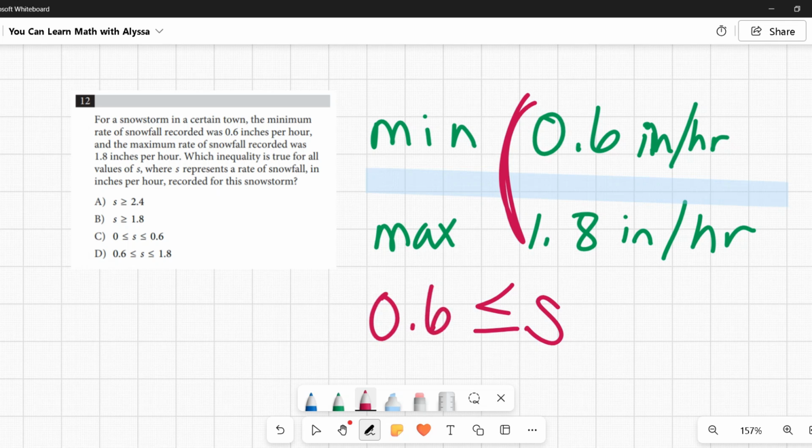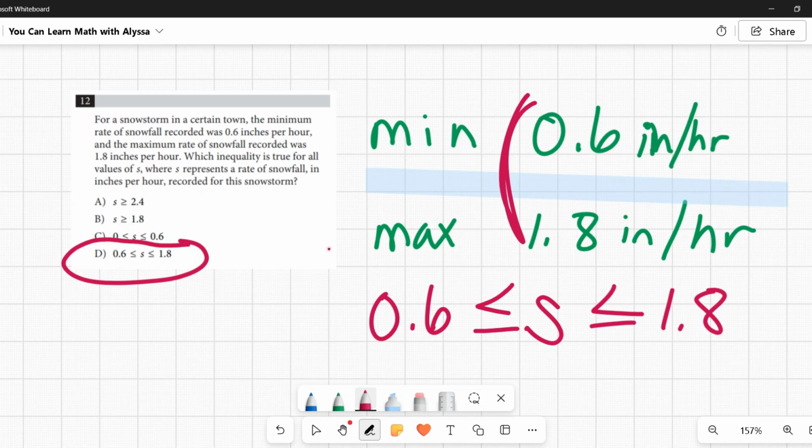It could be that. And it has to be less than or equal to 1.8. It has to be somewhere in that range. Now I'm going to look over at my answers and see if any of those match. Yep, sure enough. D, 0.6 is less than or equal to S is less than or equal to 1.8.